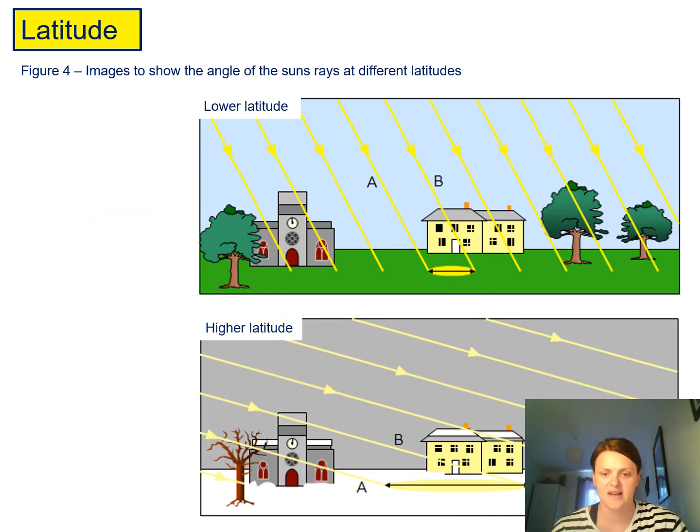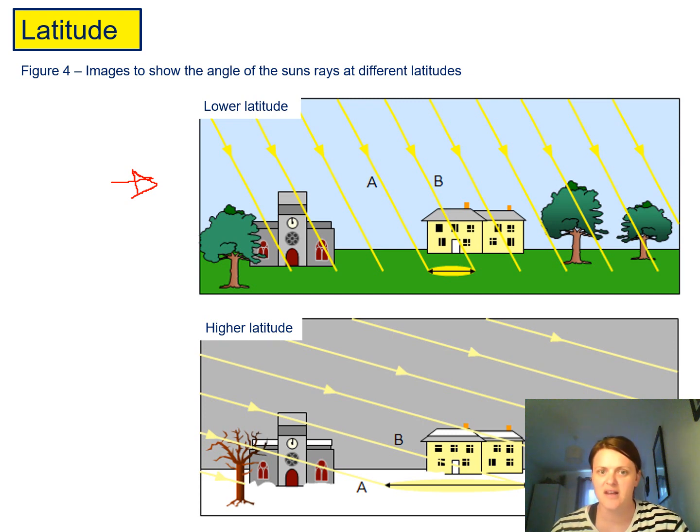The reason for this is because of the sun's rays. As you are nearer the equator, look at this first picture here, areas of lower latitude are closer to the equator. There, the sun's rays are more concentrated as the sun is directly above them.